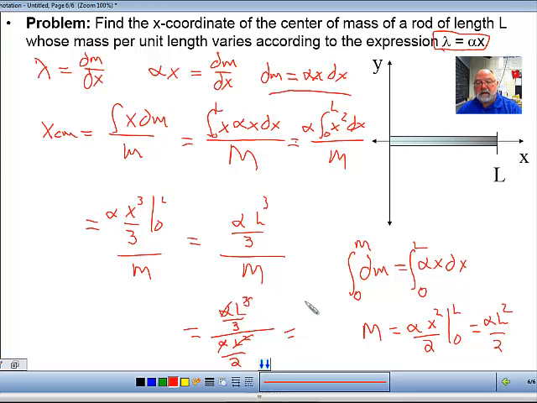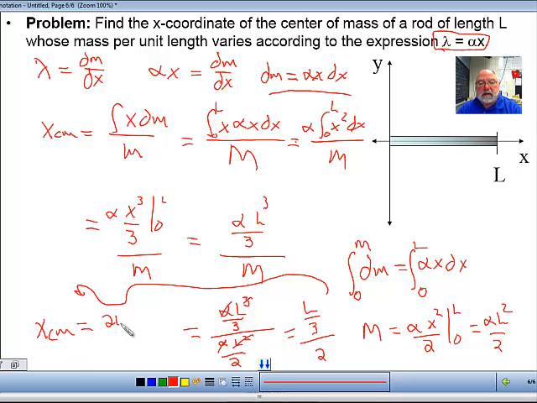So now we have L over 3 over 2. And that gives us, I'm going to move over here. I don't plan out my space usage very well, I guess. So the center of mass of that rod is 2L over 3.